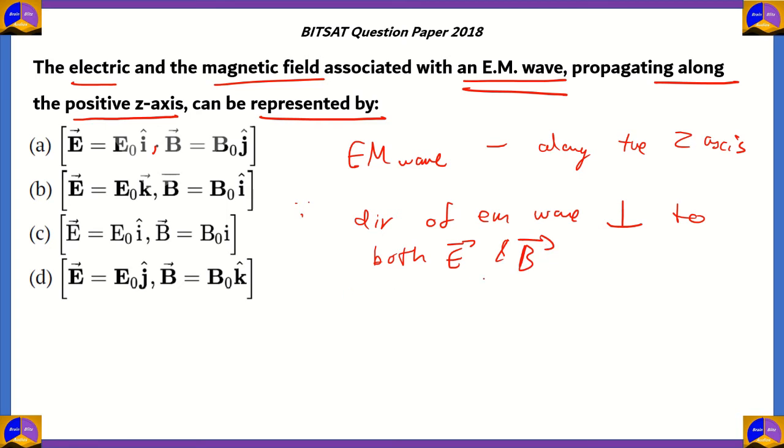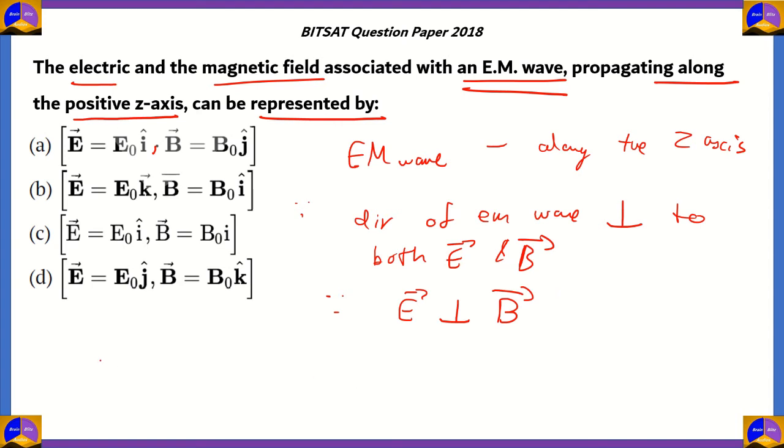And we also know that the electric field vector is perpendicular to the magnetic field vector. So since E is perpendicular to B and the direction of the EM wave is perpendicular to both these quantities, if the EM wave is passing through the z-axis, then the electric field and the magnetic field will be in the xy plane.